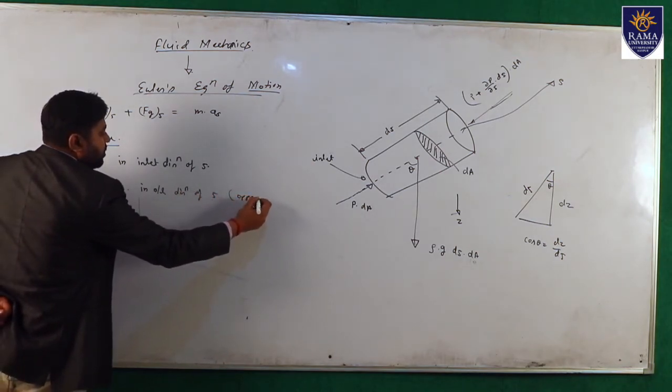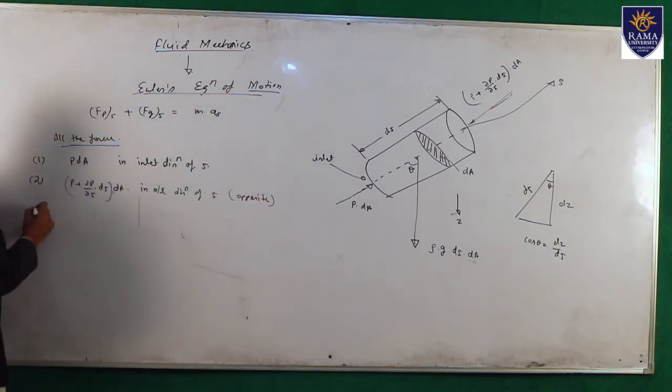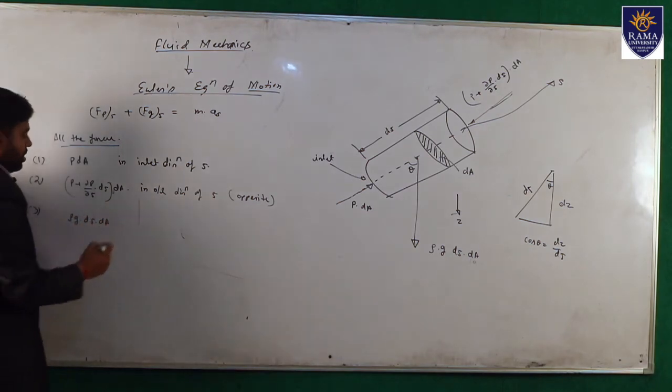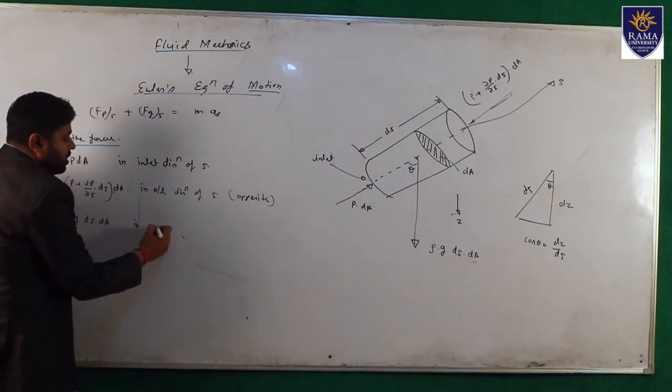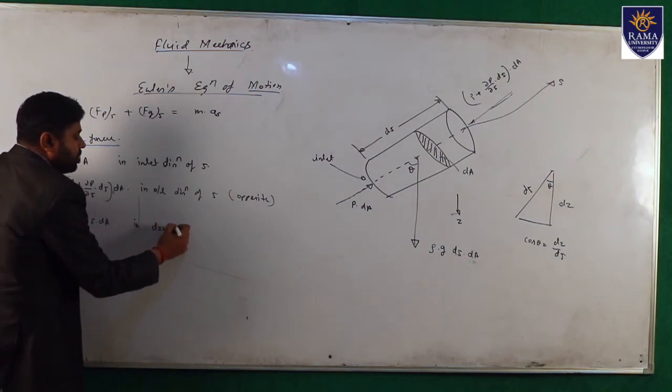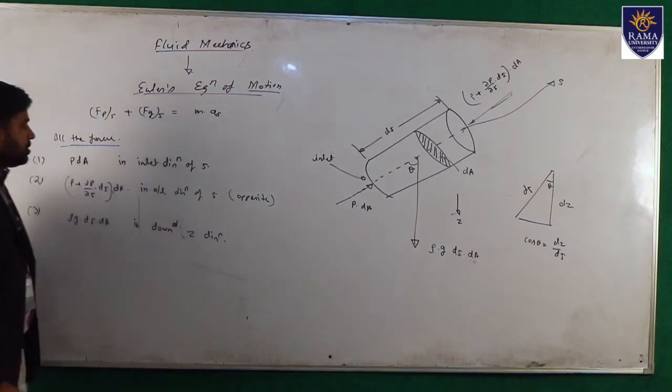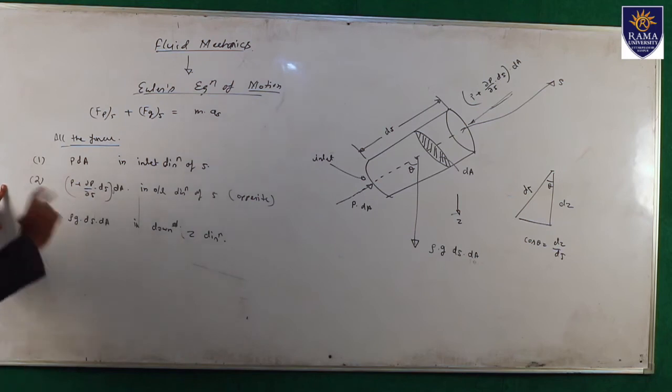Opposite direction. Now the third one is the gravitational force, rho g ds dA, in the downward Z direction. So the three forces will be acting on this element.